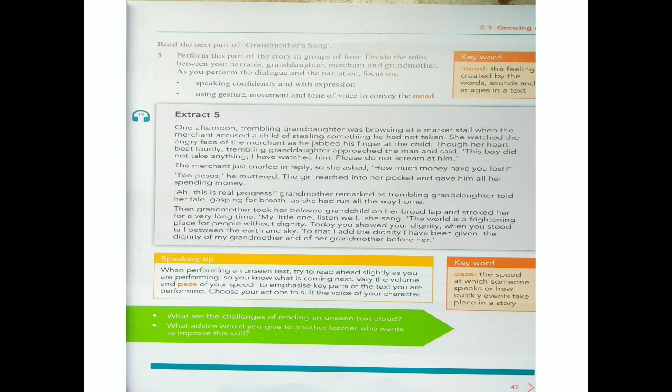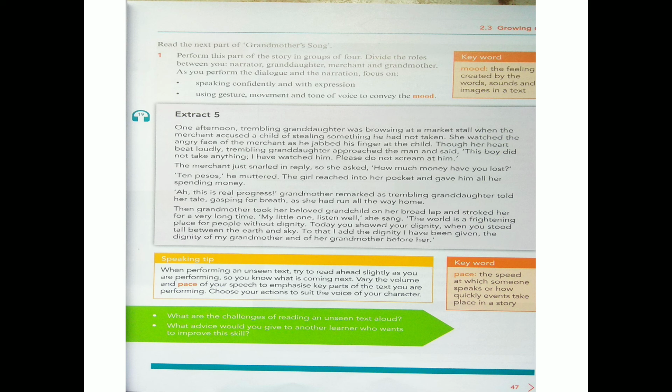Then the speaking tip. When performing an unseen text, try to read ahead slightly as you are performing so you know what is coming next. Vary the volume and pace of your speech to emphasize key parts of the text you are performing. Choose your actions to suit the voice of your character.